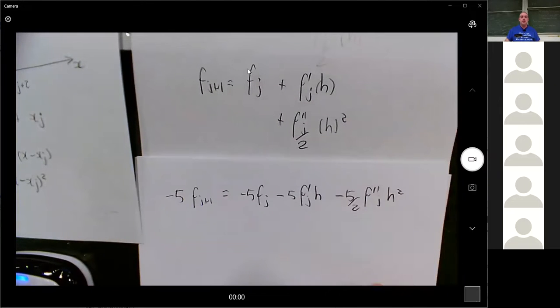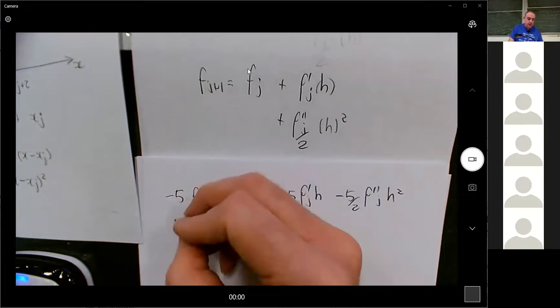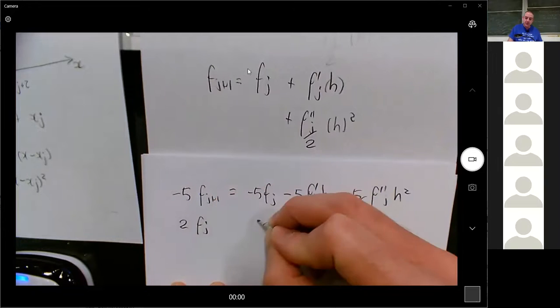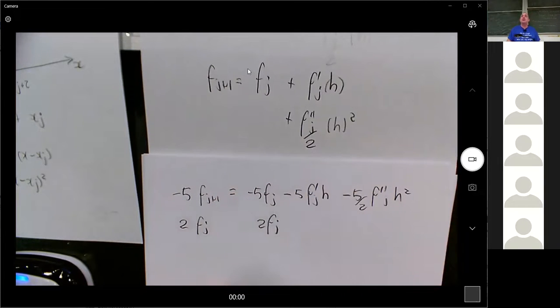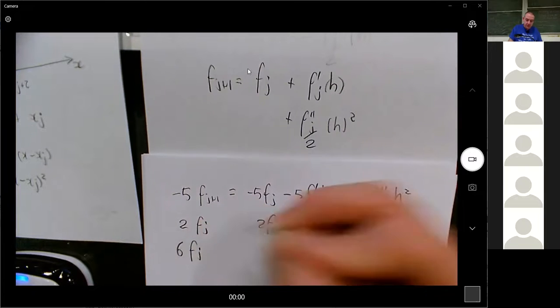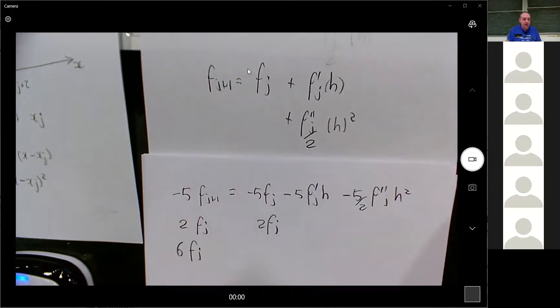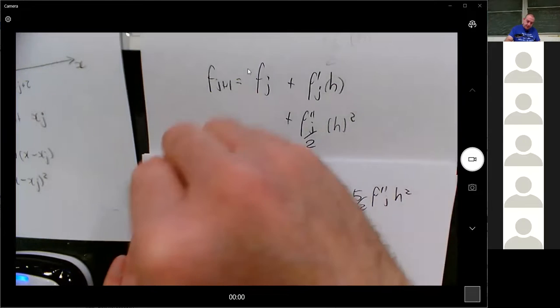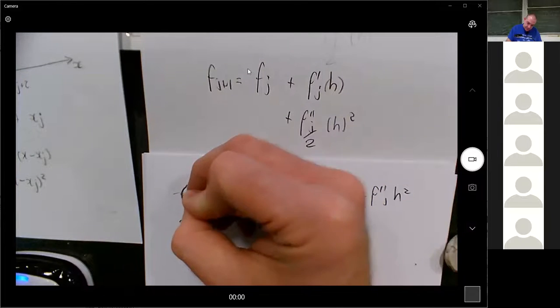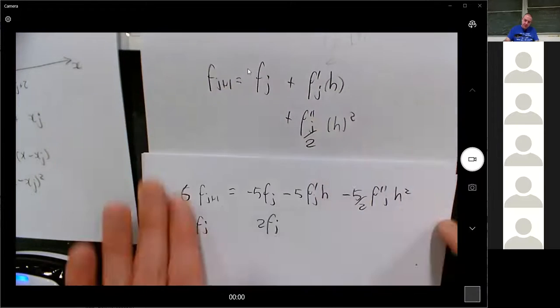That's what it is so far. There's some other stuff to deal with. And 2fj, well that's just 2fj. Fj is fj, because we don't use Taylor's theorem for that one because that's the centre that we're working from. And 6fj, oh, so that was an fj. Sorry, I should have done 6 of fj plus 1. So annoyed at myself.